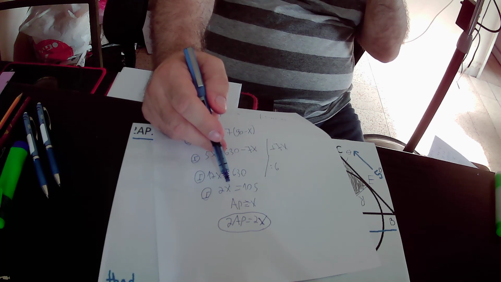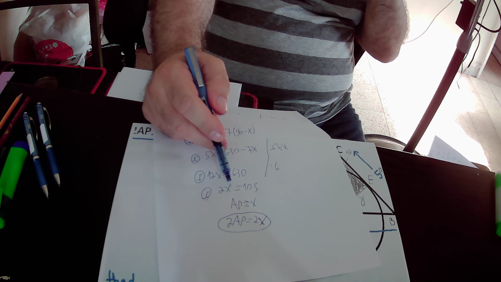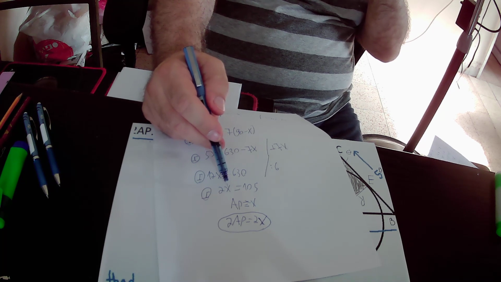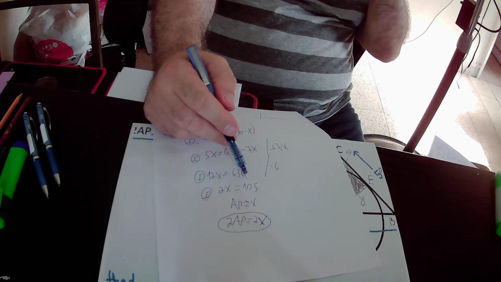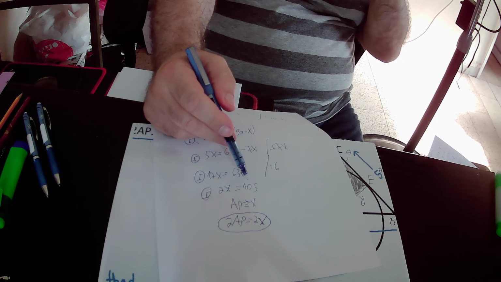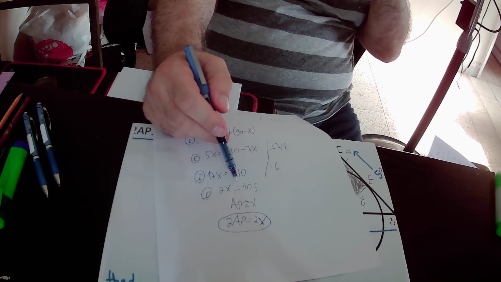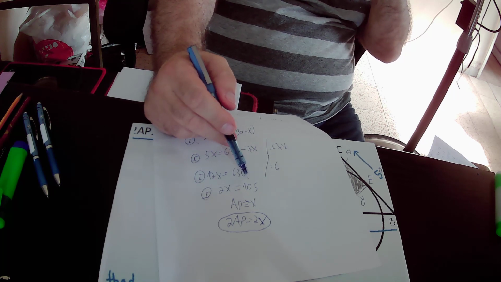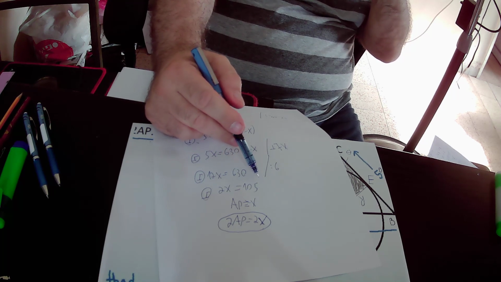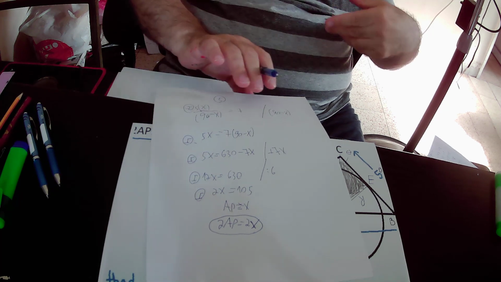By adding, we write that 2 times x equals 105, and 2 times x equals 2 times AP, so we can write that 2 times x equals 105 equals 2 times AP. Okay?